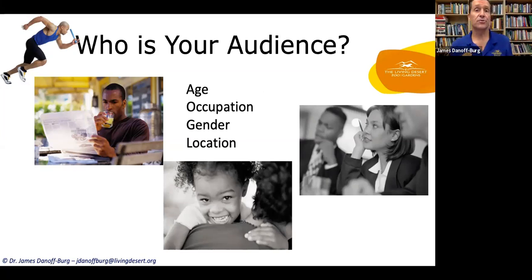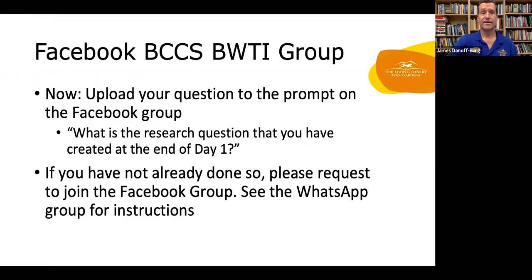So now we've gone through a lot of different iterations, improvements of our question. Now, take that question that you have, and before we get together on Tuesday, after you have improved it, after you have made it smart, after you've identified your audience, after you've identified the barriers and the benefits, after you've identified the long-term goal, upload your question to the prompt on the Facebook group.